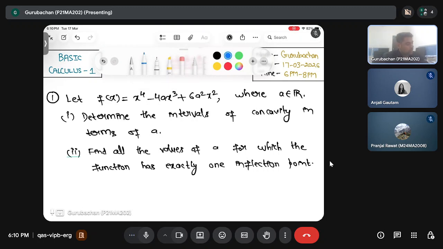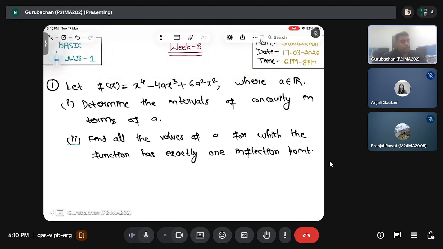So to find the concavity, we need to first calculate the double derivative.